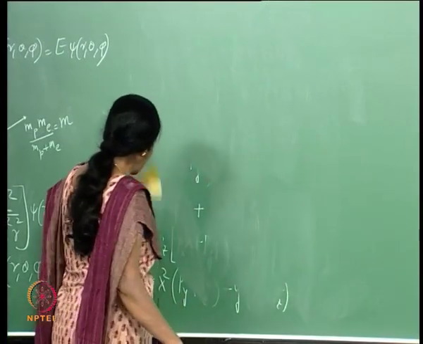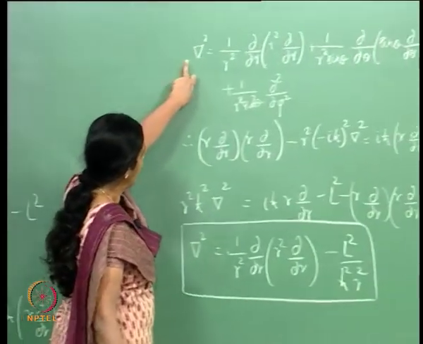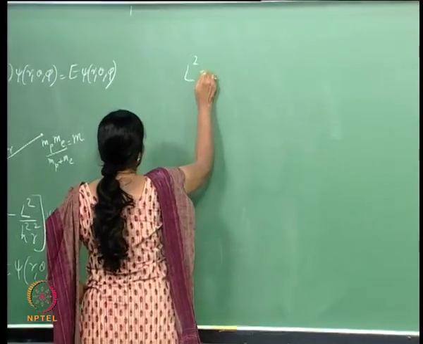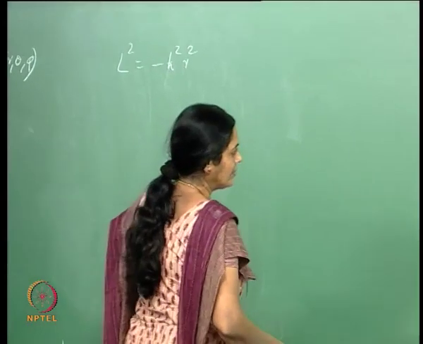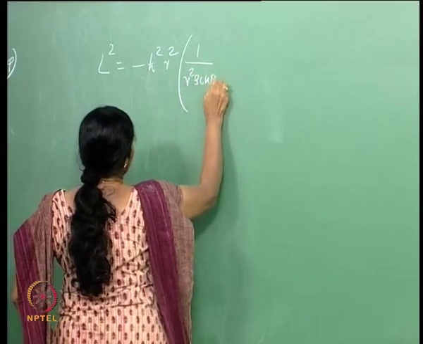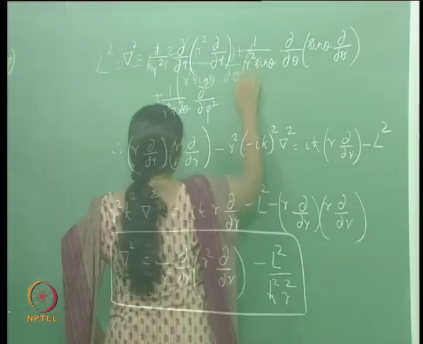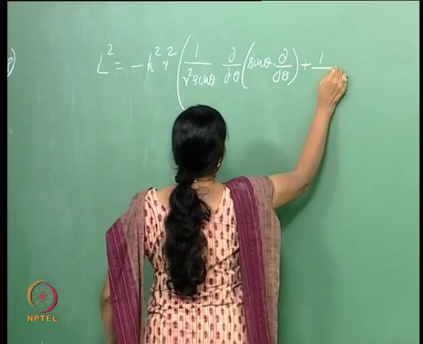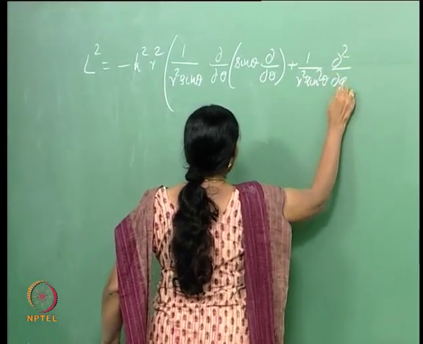Just by identification from here, I can write L squared, and therefore L squared is minus h cross squared r squared times 1 by r squared sine theta delta by delta theta of sine theta delta by delta theta plus 1 by r squared sine squared theta delta 2 by delta phi squared.